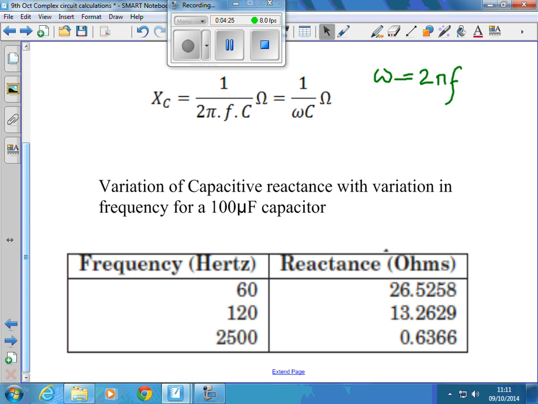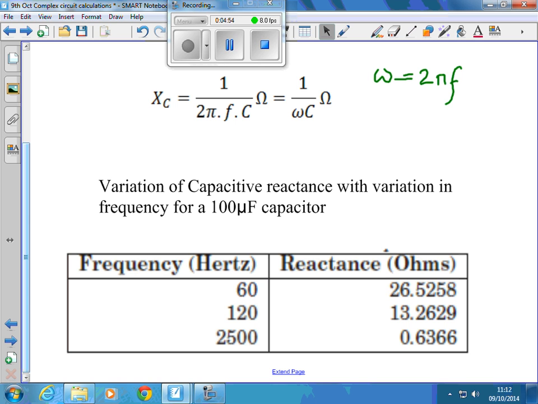As one's rising, the other one's falling, and so on. We'll use that fact to good effect in the next learning outcome when we talk about filters, which are a device for filtering out certain frequencies in a circuit. We can use combinations of resistors and capacitors to create a filter that will allow certain frequency AC to go through and will block other frequencies. That's what we're going to be doing in a couple of weeks' time.